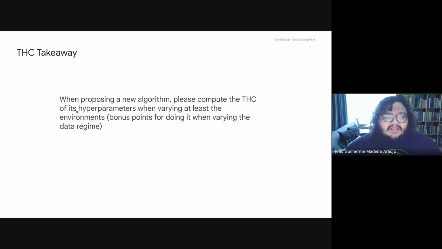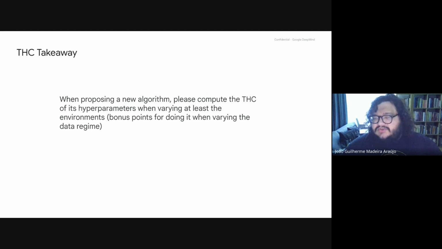So the main takeaway from the metric is: when proposing a new algorithm, please compute the THC of its hyperparameters and vary at least the environment. So, I'm proposing this cool algorithm, and it's great, and has these hyperparameters. If another person wants to take my algorithm and apply it to their own domain, what are the main hyperparameters that the person needs to tune?